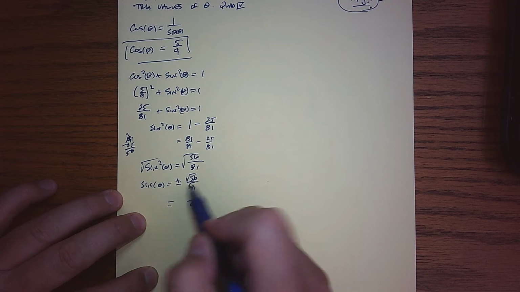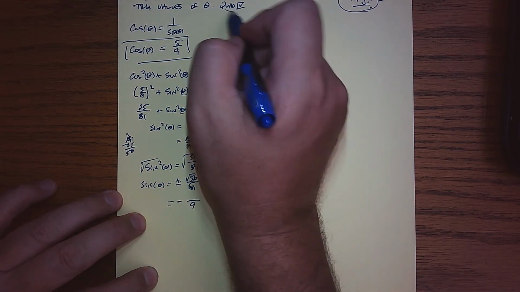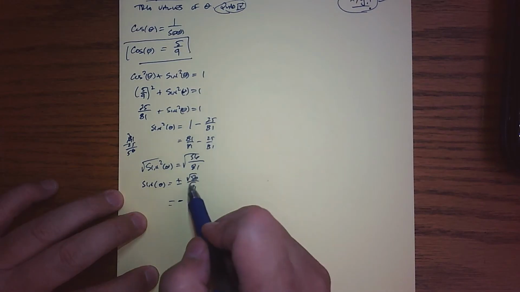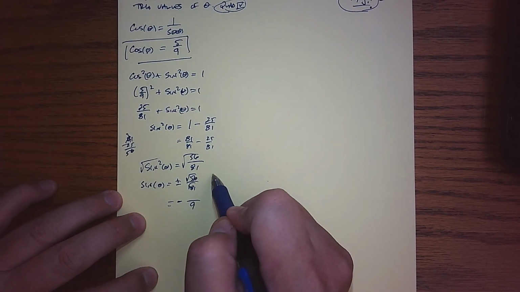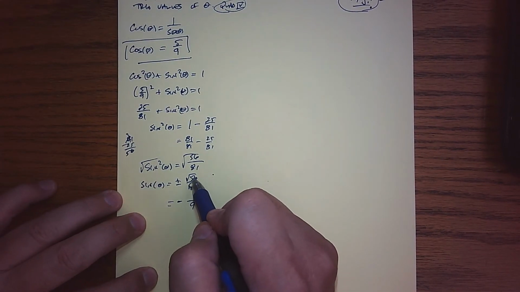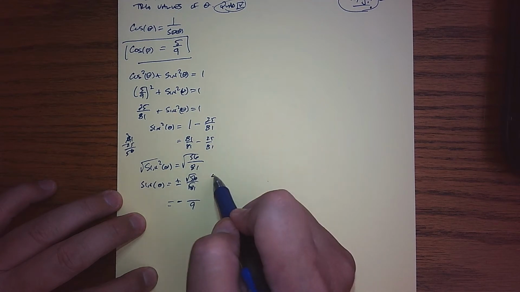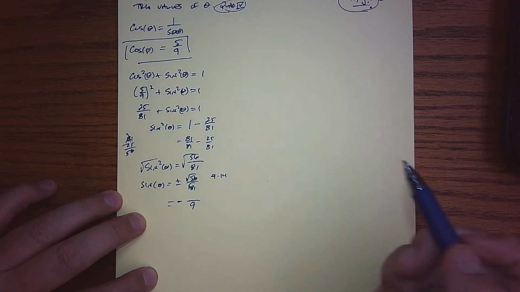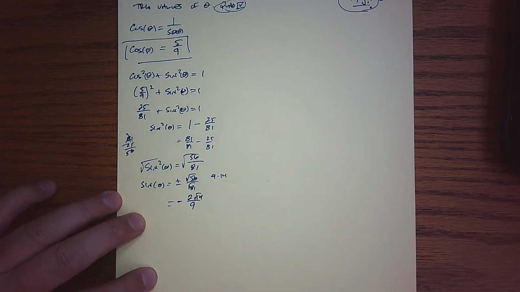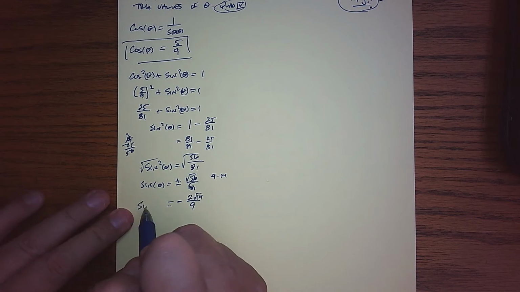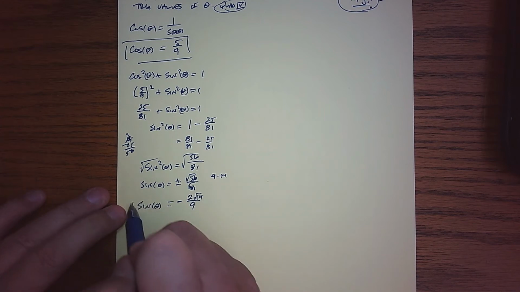We know the bottom is 9. We know we're expecting a negative because we're in quad number 4. And to simplify 56, I think that breaks down to 8 and 7. Yeah, that's 4 times 14, I believe. So we're looking at 2 square roots of 14. So there's finally our sine value.